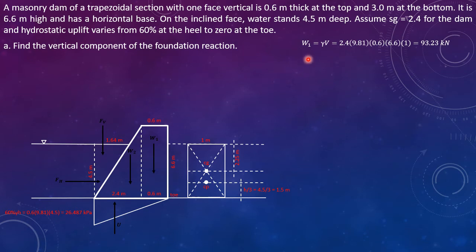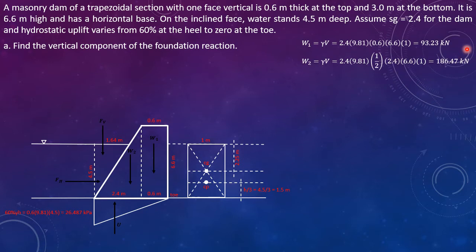Weight 1 is equal to gamma times volume, where gamma is the gamma of the dam, and that is equal to its Sg 2.4 multiplied by the gamma of water 9.81. And the volume will be the area of the rectangle, which is base 0.6 times height 6.6, and we multiply that area by 1 meter length perpendicular to the sketch. Therefore, weight 1 is equal to 93.23 kilonewtons.